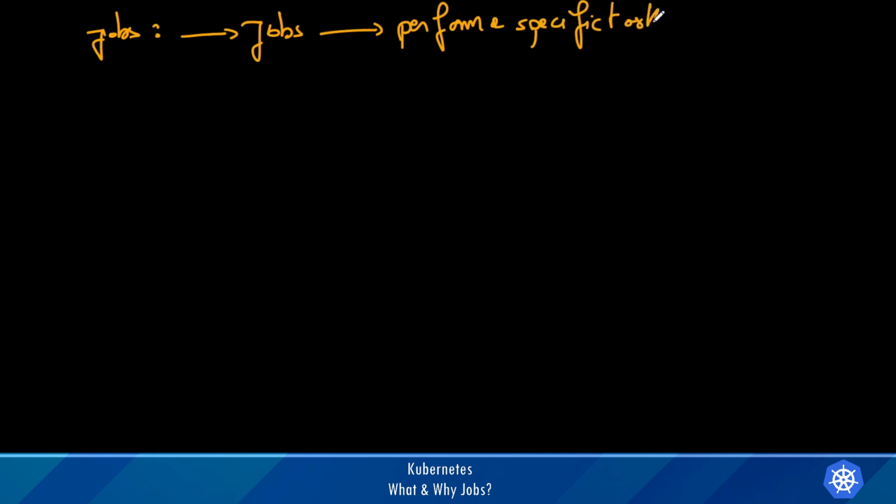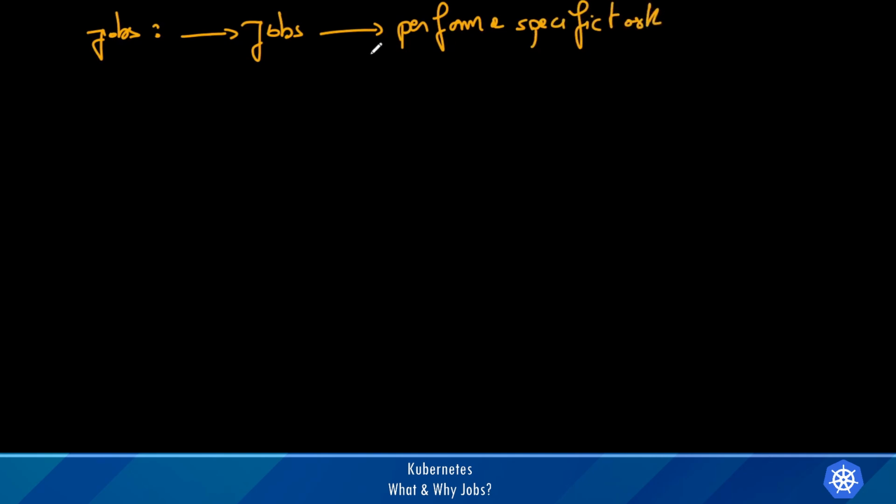So jobs in Kubernetes are controllers that we use to deploy applications. We have two types of jobs. The first type is called simply jobs. Those are used just for deploying applications to perform a specific task in the cluster.